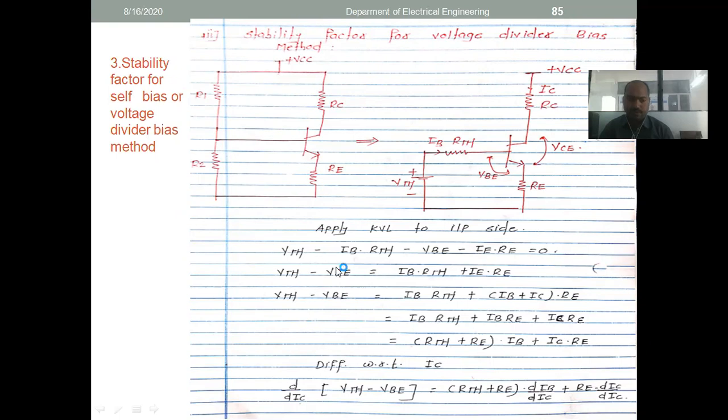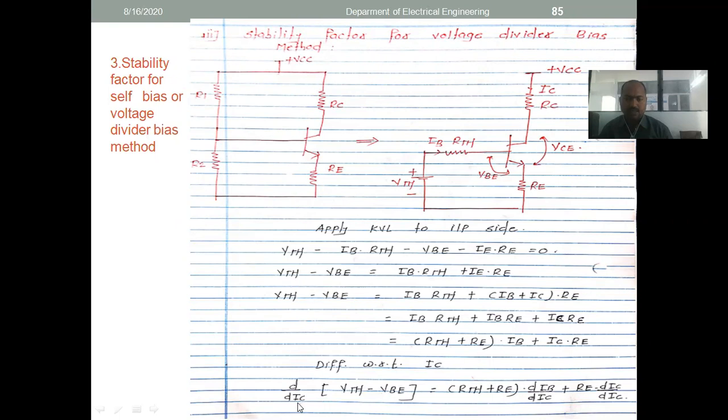So for that purpose we have to differentiate with respect to IC. When we differentiate VTH minus VB, it is nearly a constant term. For the differentiation, we use d by dIC, because we differentiate with respect to IC.